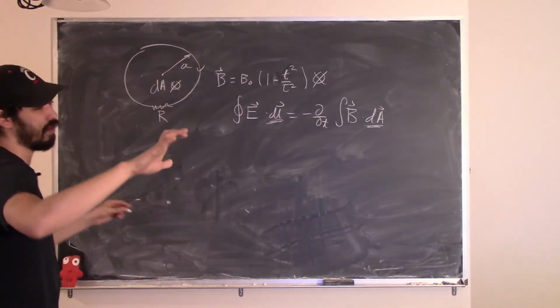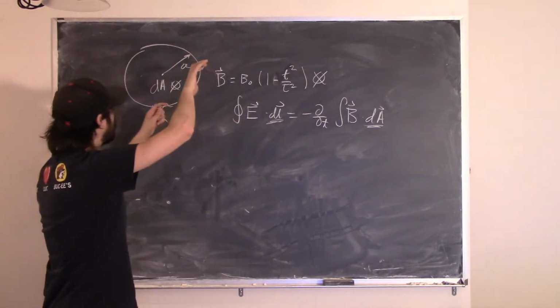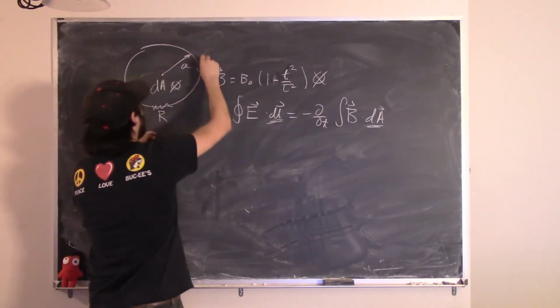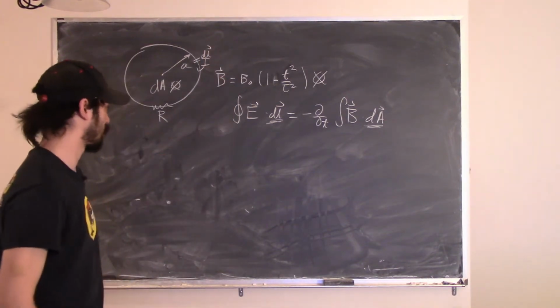And so we can see that if I take my thumb of my right hand and I point it in the direction of dA, and then I curl my fingers, this says that my current is going to go around in this direction. That's also the direction I'm saying that dl is going to go.